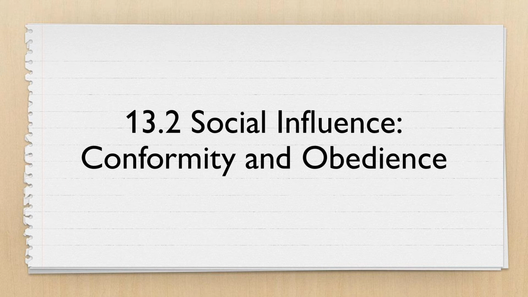Conformity means peer influence, and obedience means leader influence. The difference between conformity and obedience is that conformity happens under no pressure. People change their behavior to match that of others, whereas obedience occurs as the result of pressure from an authority figure or a leader.